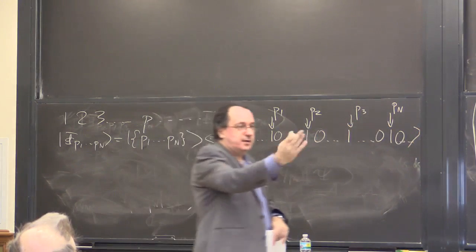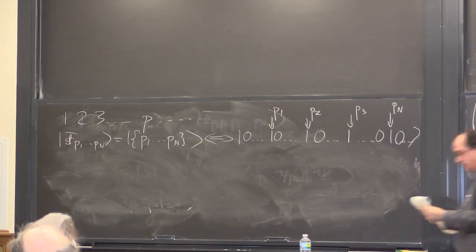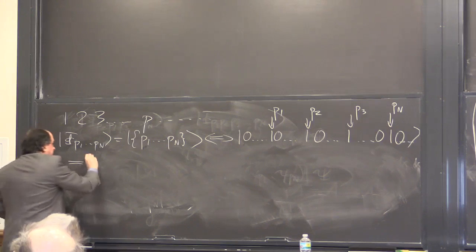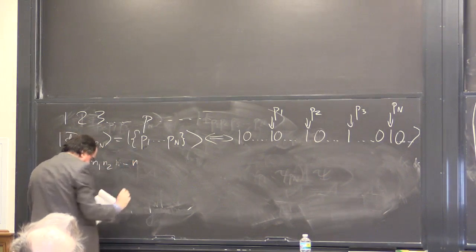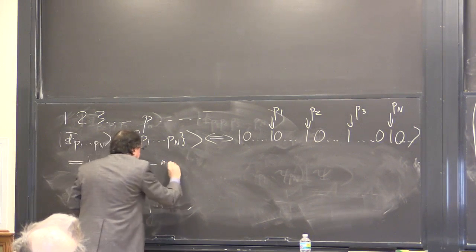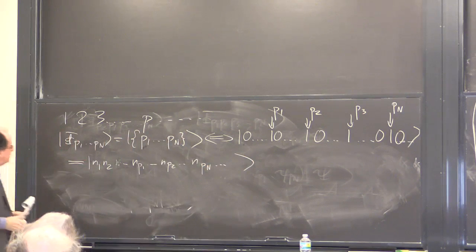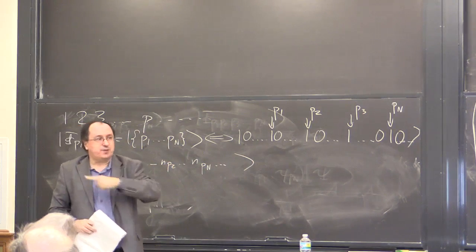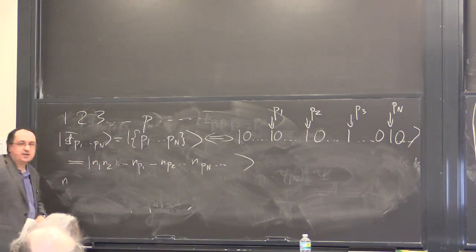So I can simply make an equivalence here, or isomorphism, between Slater determinants and strings of numbers, which are simply bunches of zeros and ones using our basis set. So in other words, let me keep writing this. I can write it as follows. Let me write it and then explain. I make an identification between a Slater determinant and a ket labeled by a string of numbers, where all these little n's are 0 or 1.